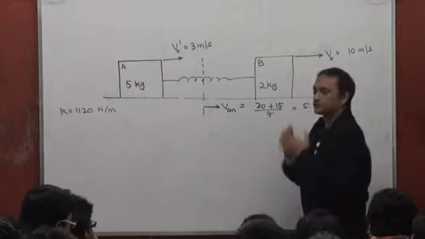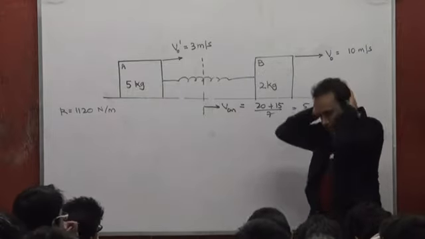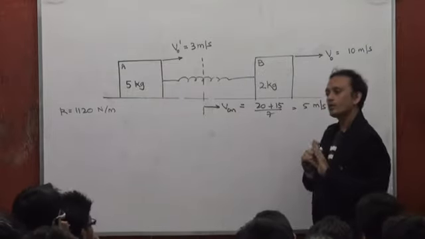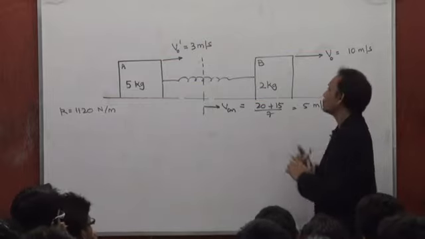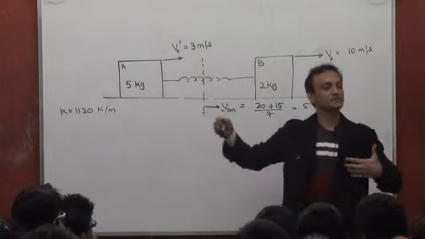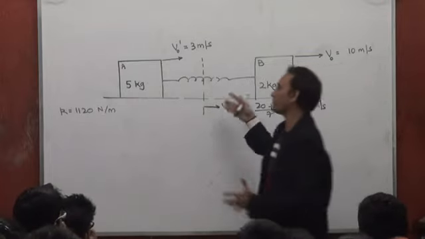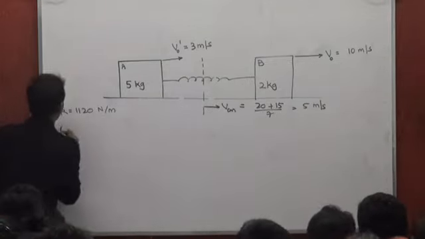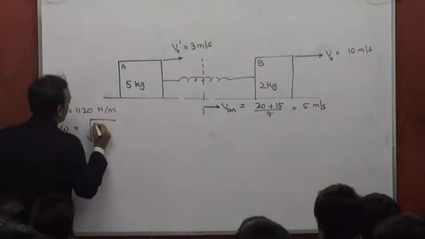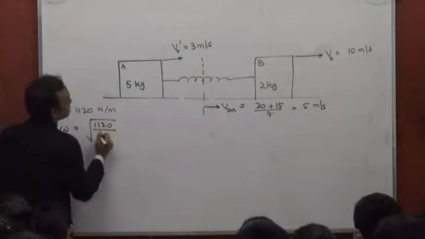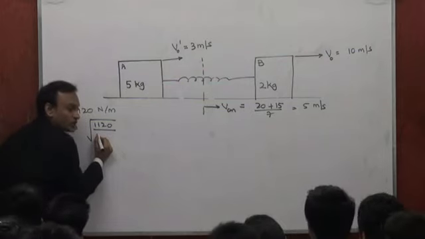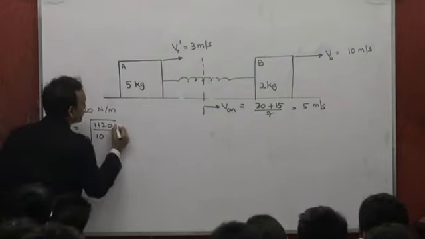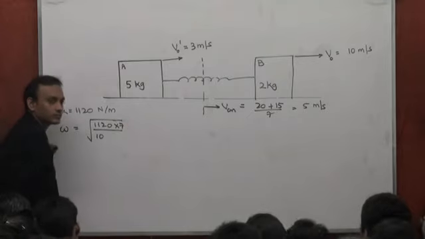For sure, in the center of mass frame, the two masses will execute simple harmonic motion with omega equal to root of K, which is 1120, divided by the reduced mass, which is m1 m2 by m1 plus m2, 10 by 7.